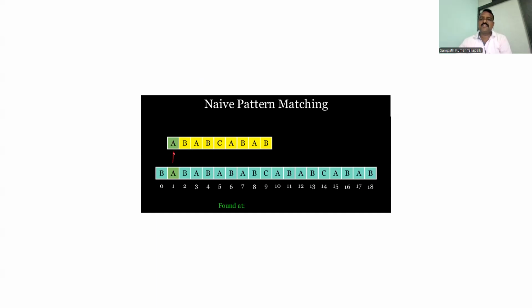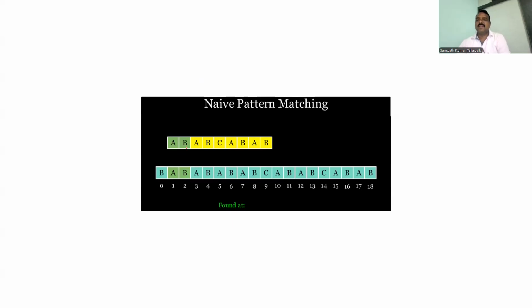When these two characters are matching, we go to the second character, and the second character is also matching there. So if the second character is also matching, then we go to the third character, the fourth character. Now while comparing the fifth character of my substring with my actual string, we find that they are not matching.